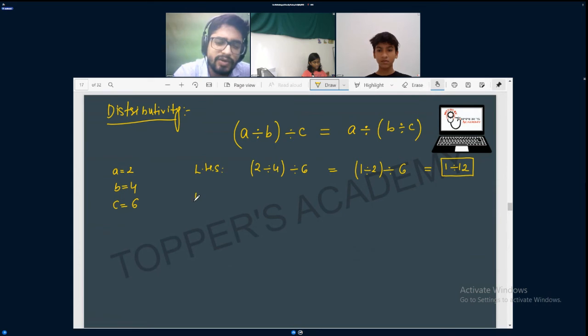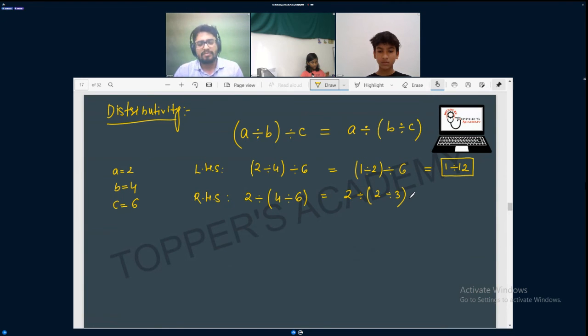And the right hand side is what? A divided by the quantity B divided by C: 2 divided by 4 divided by 6, so this is 2 divided by 3.